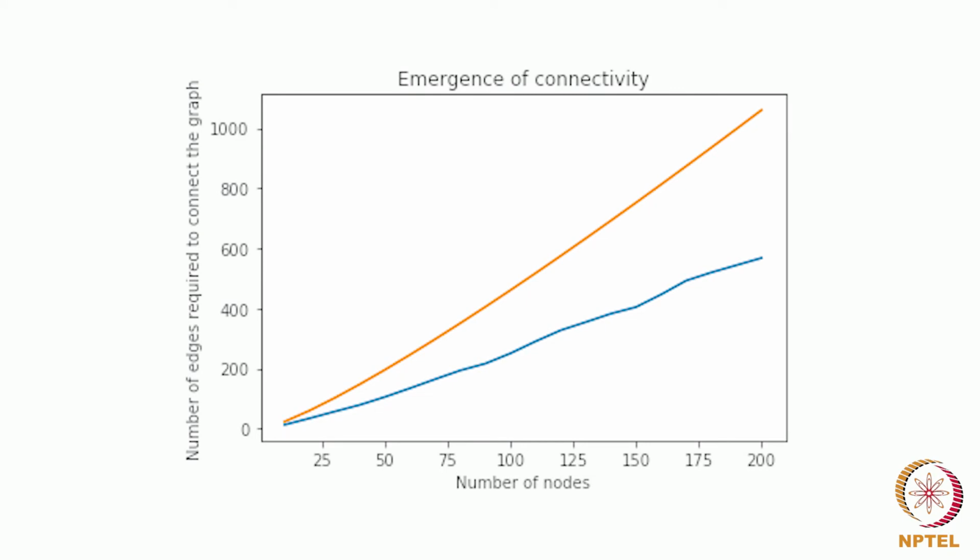The lines are not totally overlapping in this case. Here I would like to remind you that according to the analysis that we have done, the number of edges required to connect the graph was not exactly n log n, it is of the order of n log n. So, let us do a little bit of tweak in our code.